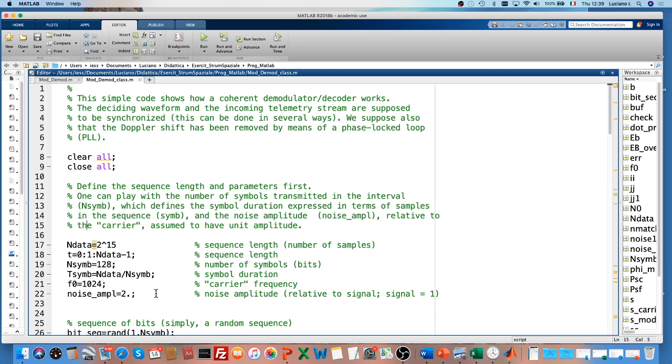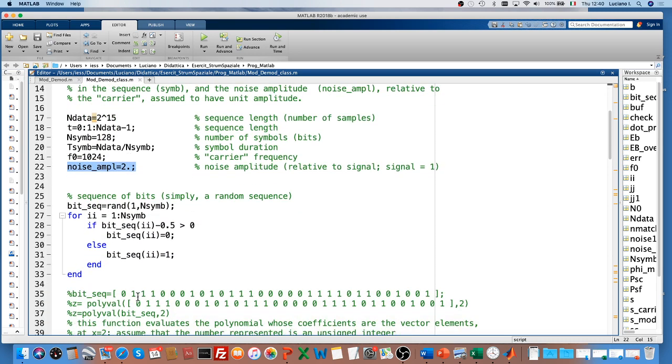What matters, of course, is the ratio between the amplitude of the signal and the amplitude of the noise, or the standard deviation of the noise. And here, for this test, and then we will play a bit and change things, I have taken a noise which is twice as large in terms of standard deviation as the signal, so it is larger than the signal. Okay? And we will play with these parameters.